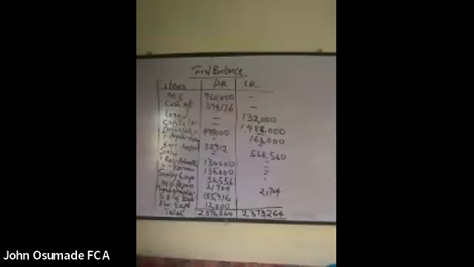So when you have prepared your trial balance, you've been able to balance your trial balance, it means that your final account will definitely balance. Your final account, that is the P&L and the financial position, will definitely balance. This is the process of accounting. That is collection of data, recording those things, then analyzing them, summarizing them.